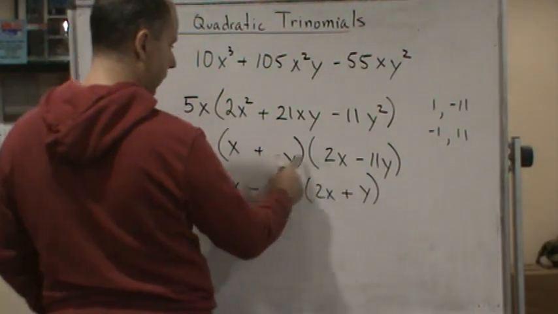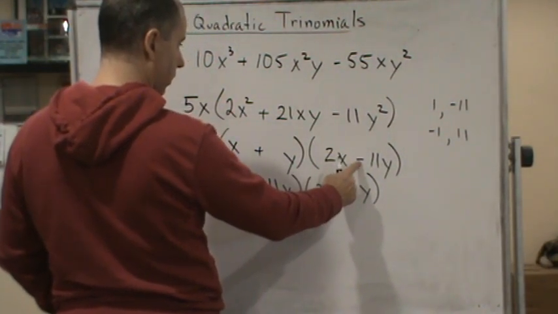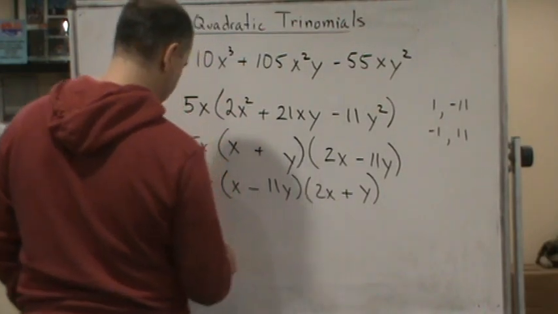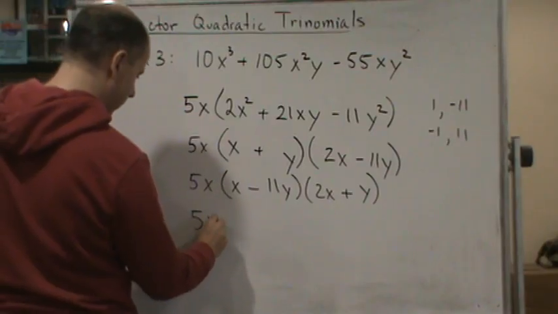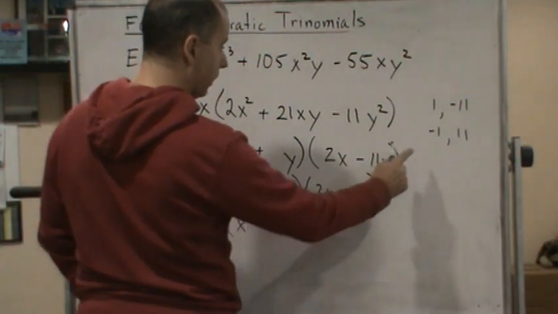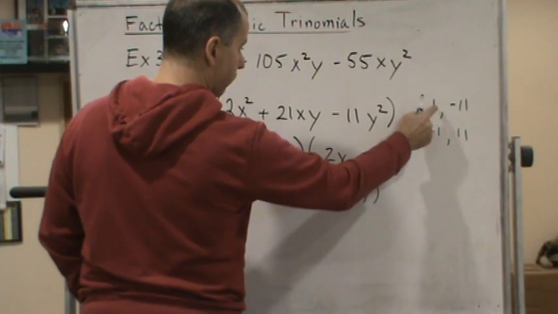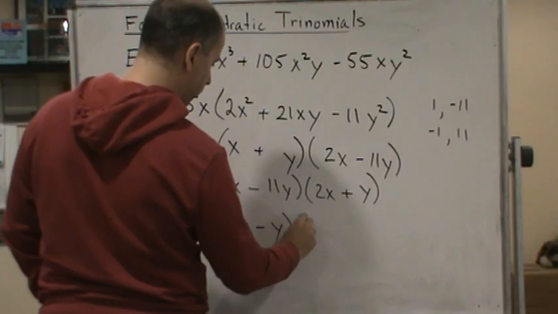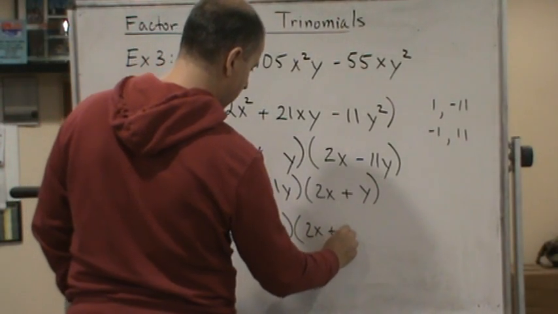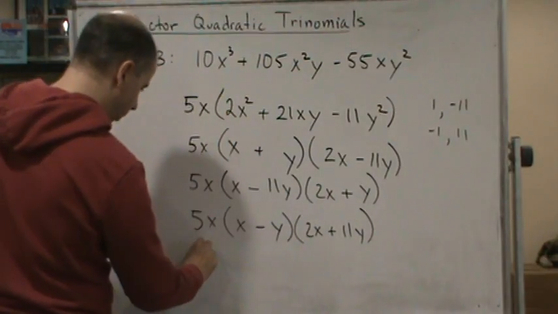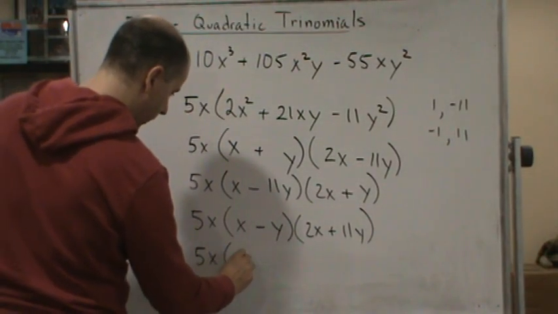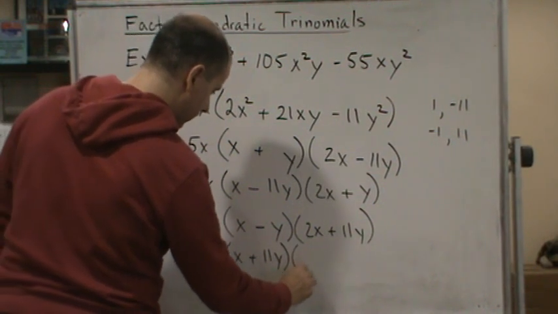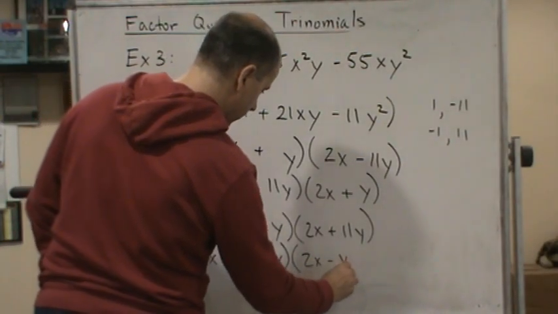So we had 1 and negative 11, or negative 11 and 1. But then we also can have the negative 1 here, instead of 1. So we could have x minus y and 2x plus 11y. Or finally, we could have x plus 11y times 2x minus y.